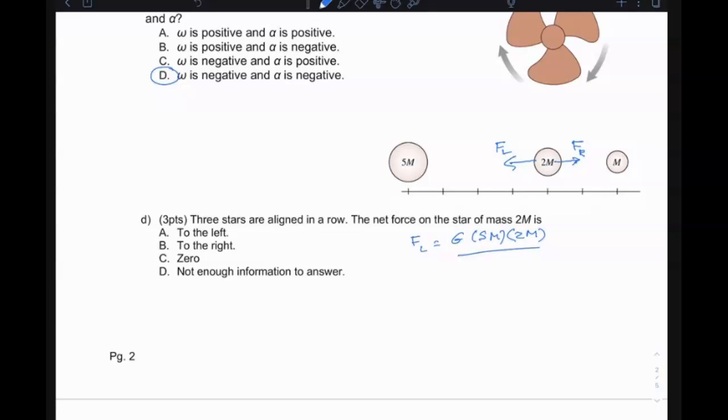Let's count that separation distance. 1, 2, 3, 4 units. So we see that this is equal to 10 over 16 G m squared.